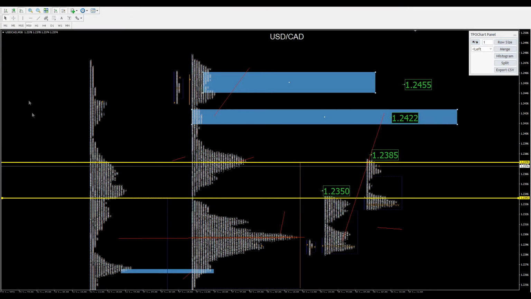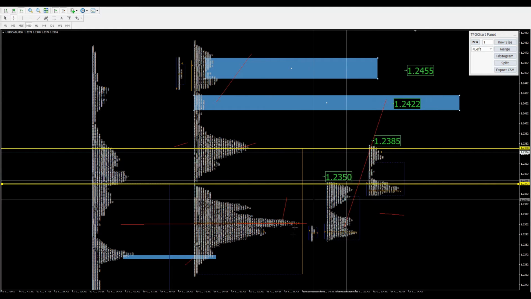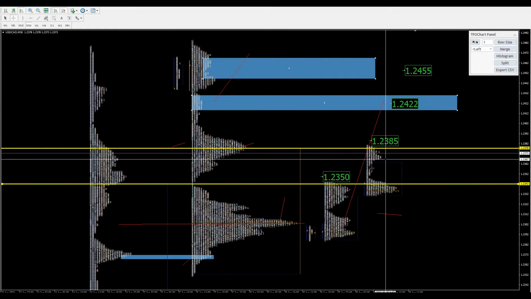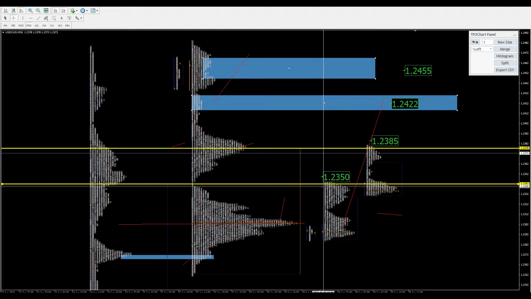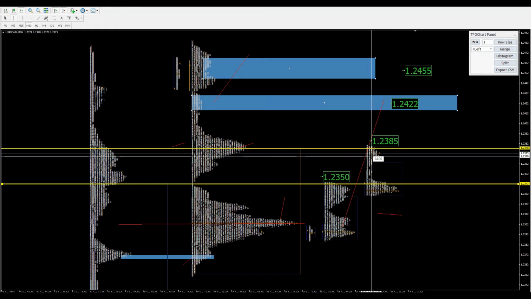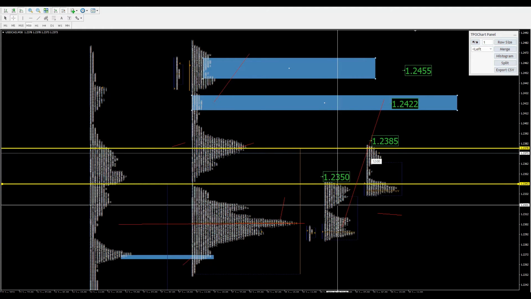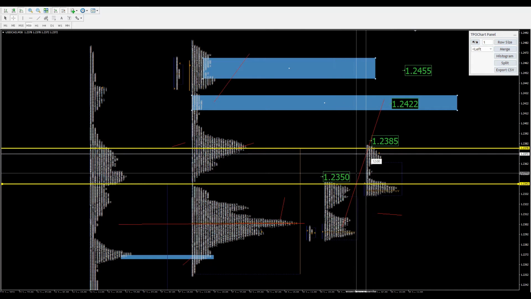If we go to our profile chart using the MT4 platform, InstaForex, we can see that we already tested the first objectives, 1.2350 and 1.2385, the first two objectives for this upside movement since my recommendation for the upside.